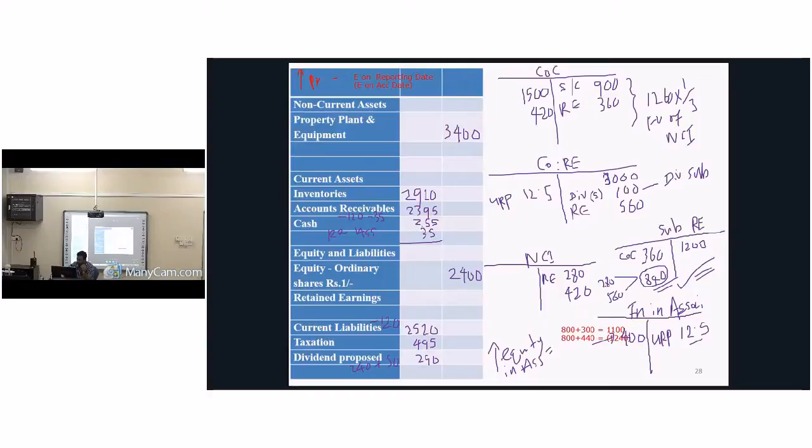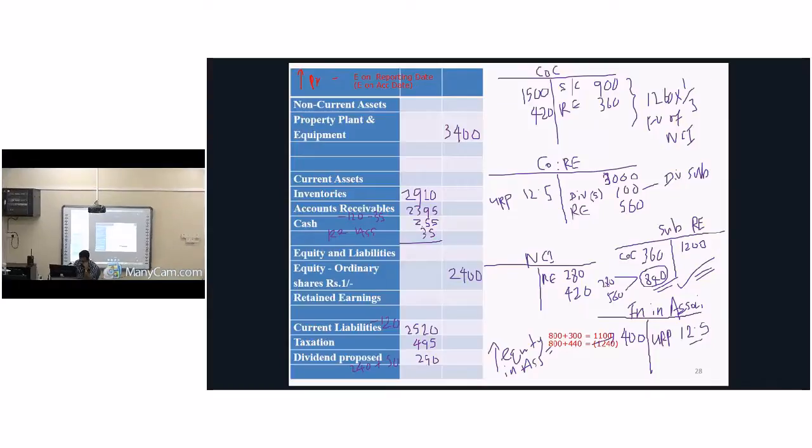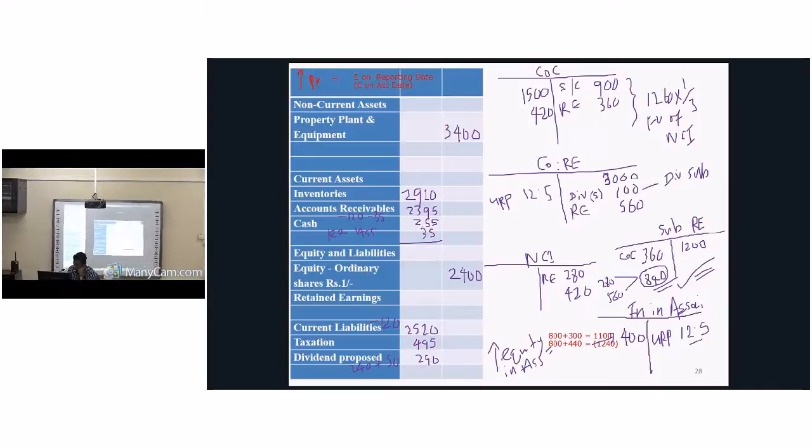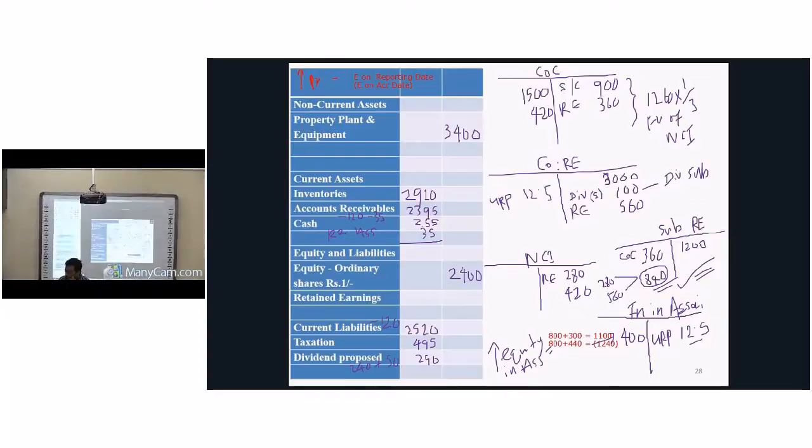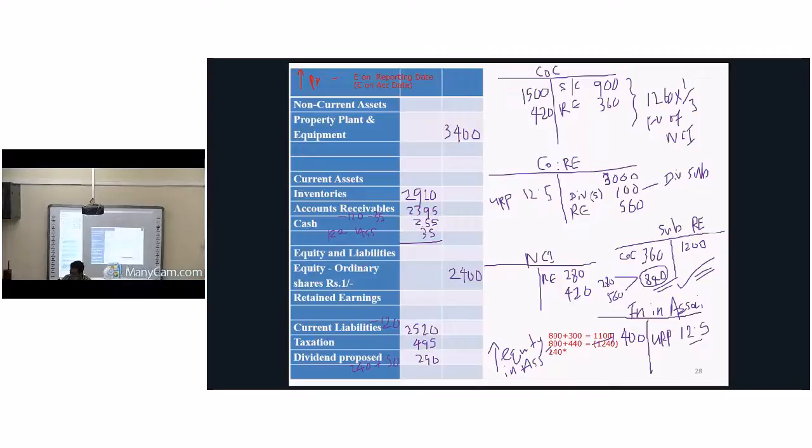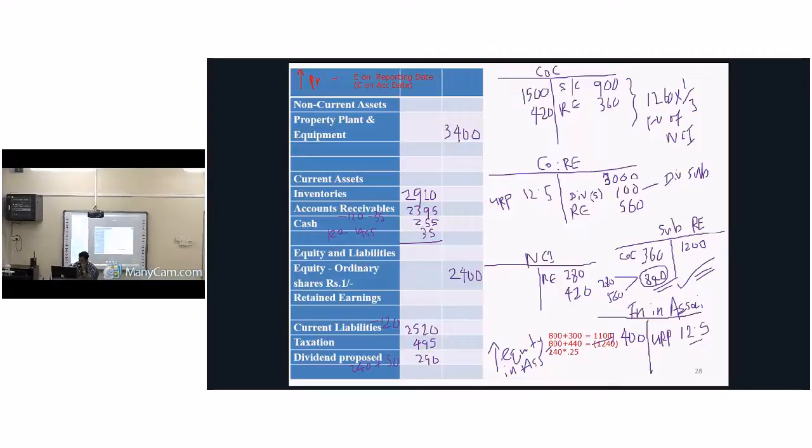What is the answer? The increase in equity is 1240 minus 1100, 140. 140 into, how much do we get? Only 25%. Increase in share of equity from associate is 35.